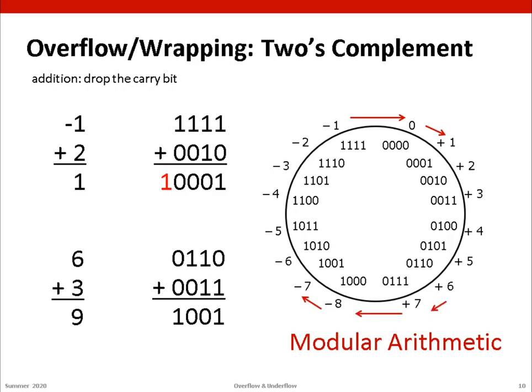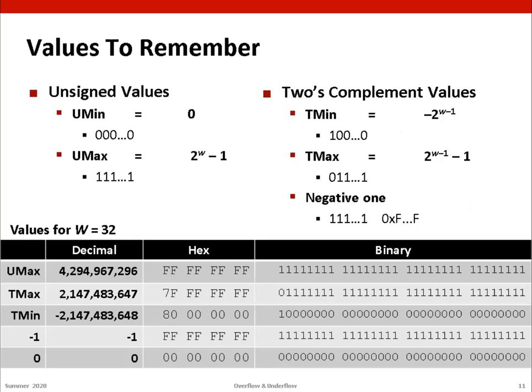Now let's turn to another surprise that 2's complement has in store for us. These are some of the values to remember, and we have seen this slide in our 2's complement video. Just to recap, when we are thinking about integers, for unsigned values we have a special value called umin, which is the smallest number we can represent, that's 0, the bit pattern of all zeros.